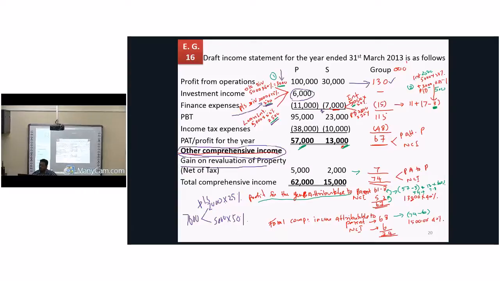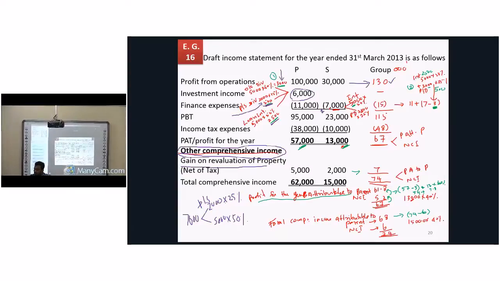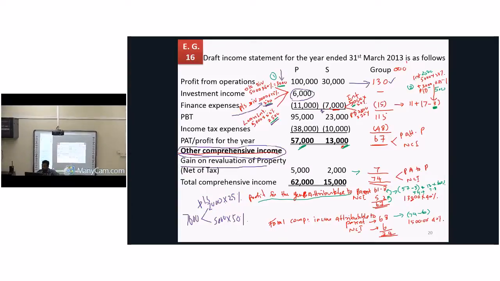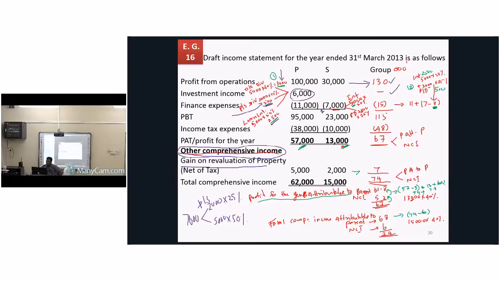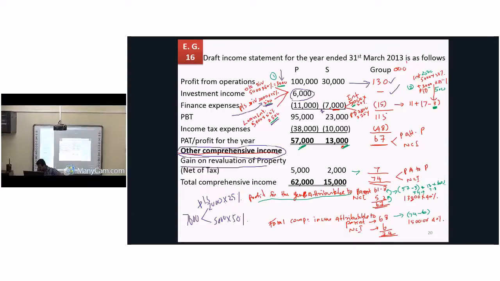Therefore, nothing should be considered in group column as investment income, because everything is received from where? Received from the subsidiary. Understood? Therefore, nothing to group column. Move to next row. Hope you understood it. There are three types of investment made by parent in subsidiary in this question. That's a difficulty. Understand?